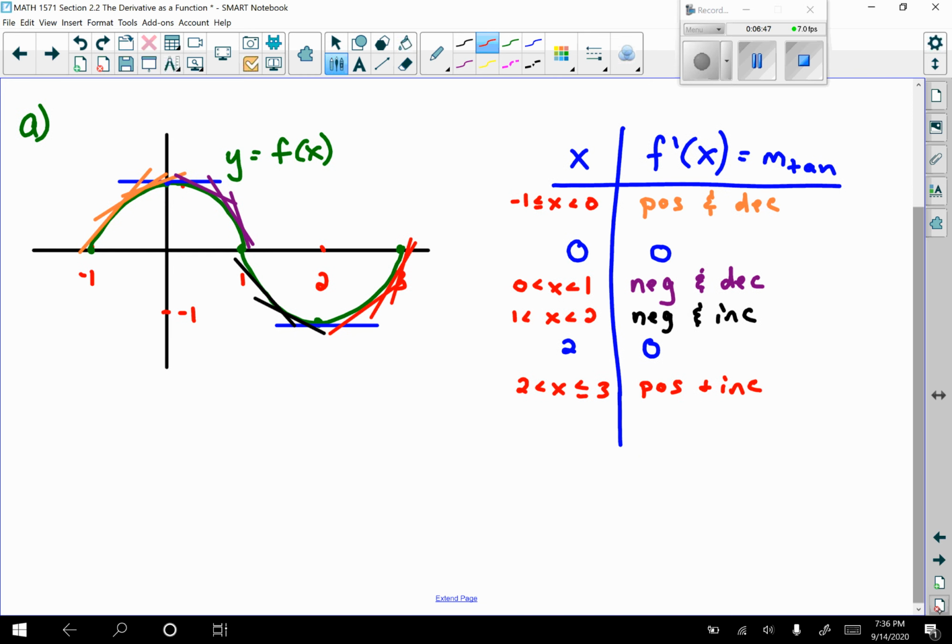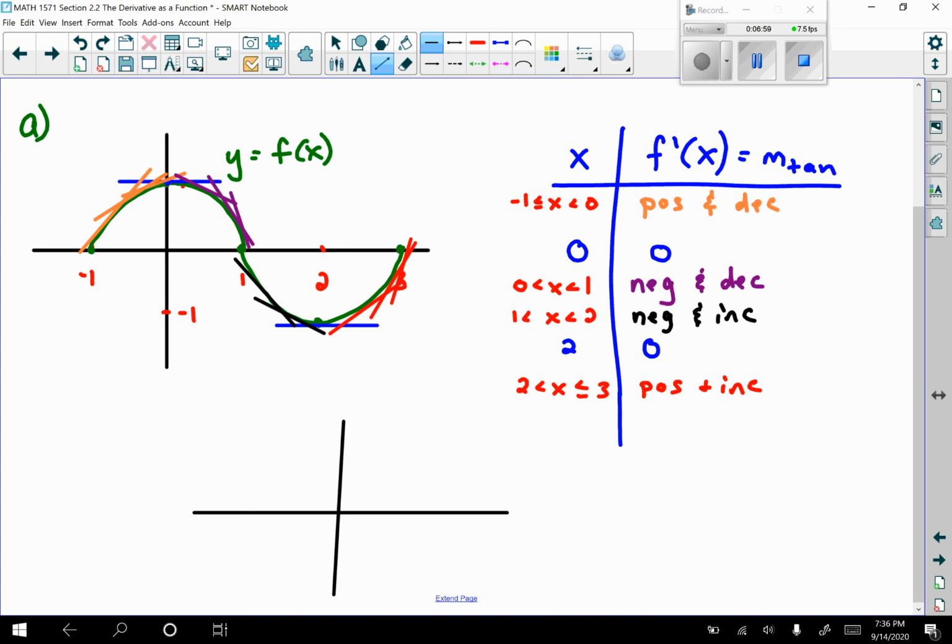So now what we're going to do is make a new general coordinate plane here. So what I had above is the graph of our function. Now we're going to graph what I have in this table. So let's do -1, 0, 1, 2, and 3.